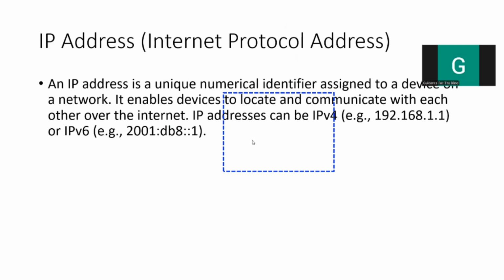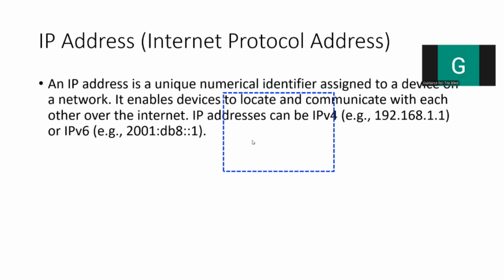Now we have searched for this link, and we now come to the IP address. So we have searched for guidance for the blind. In this case, we are humans, and computers are computers. So if we are searching for guidance for the blind, there is an IP address behind it, which is basically a number.